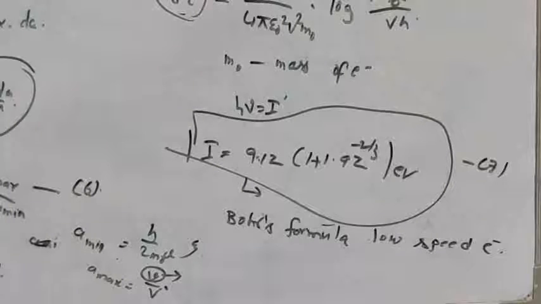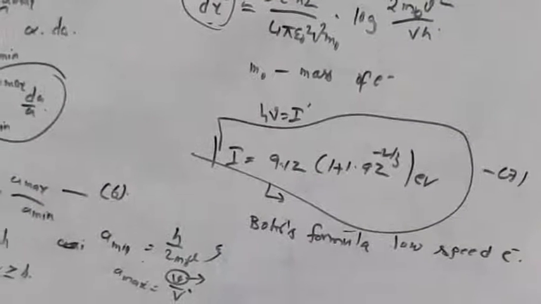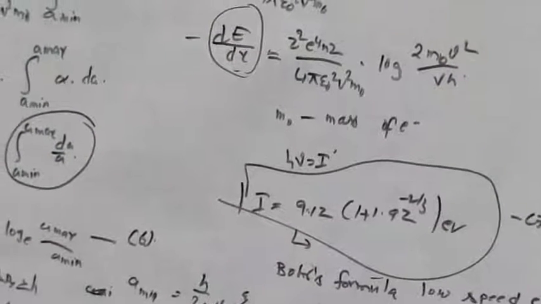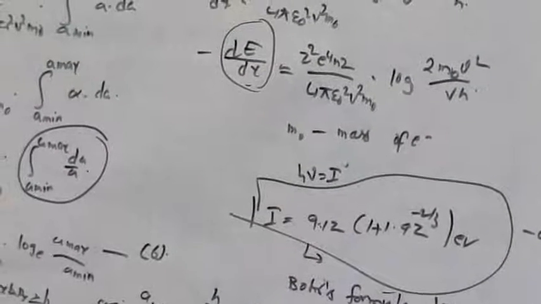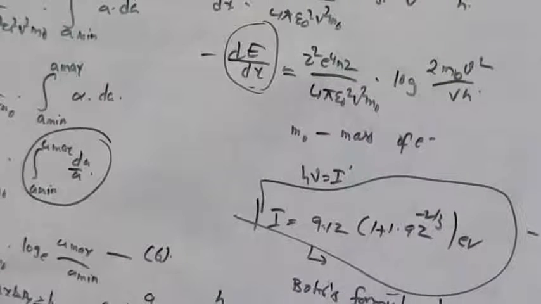By this we have completed Bohr's theory. Once again I am repeating, we are in Bohr's theory. In the previous lecture we solved up to equation 5, and today we continue from there.